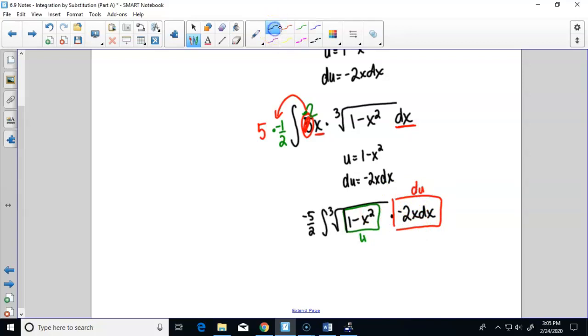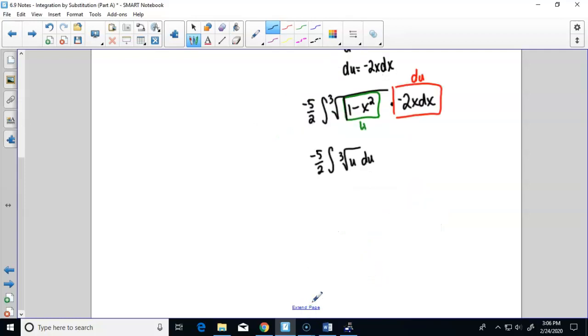So you would have negative 5/2 integral of the cube root of u du. And I'm going to write it like this so I don't get confused. Negative 5/2, that is u to the 1/3 du. Okay, questions so far?